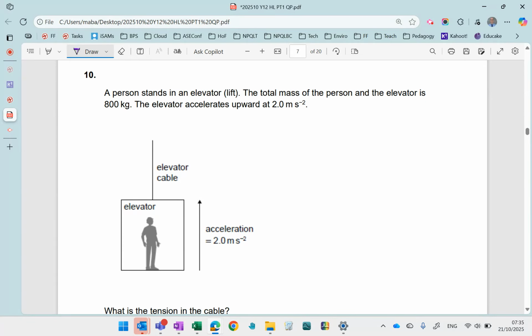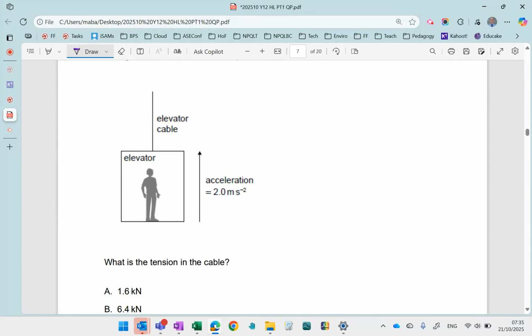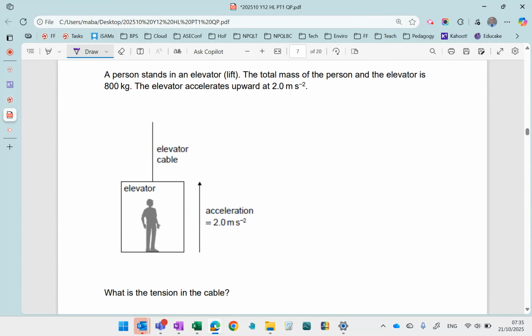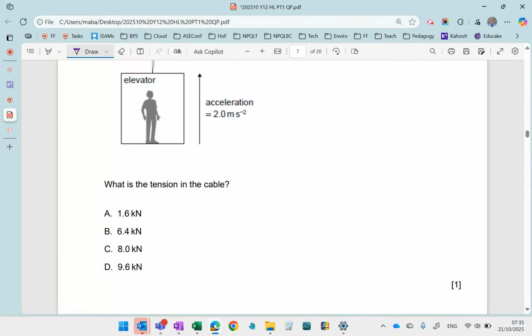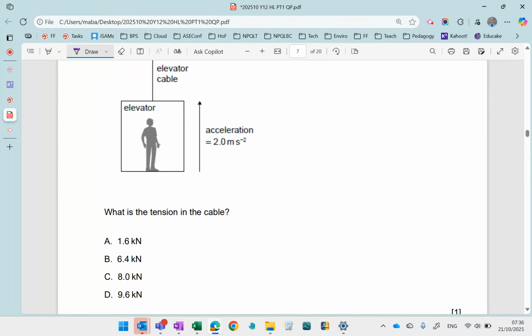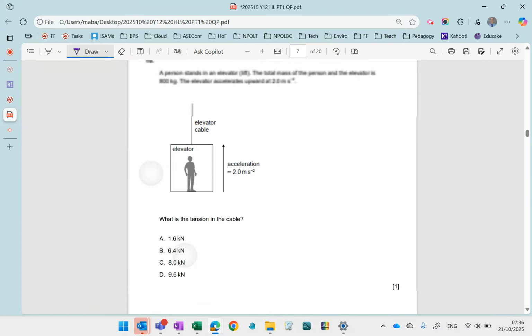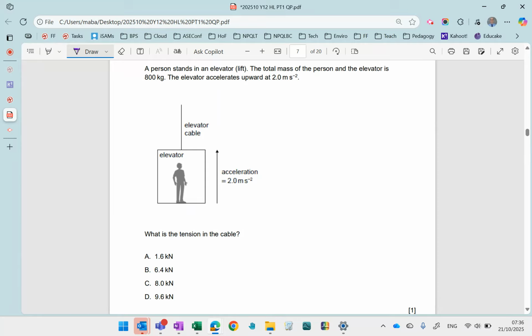Oh, elevator question. I love a good elevator question. So we've got the elevator accelerating upwards at 2 meters per second squared, and we're being asked to find the tension in the cable, right? So straight away, what are the forces on here? We've got the tension in the cable, and we've got the weight of the lift.